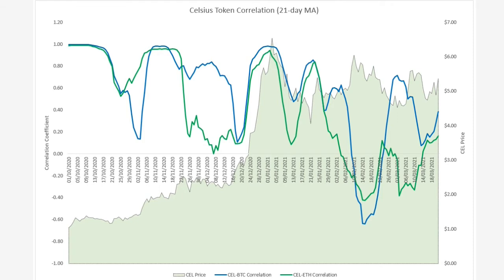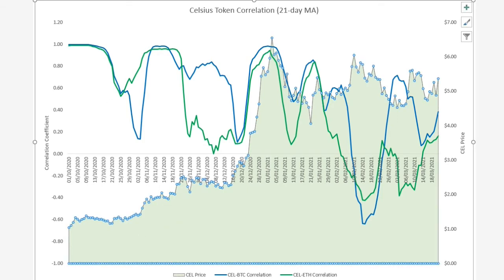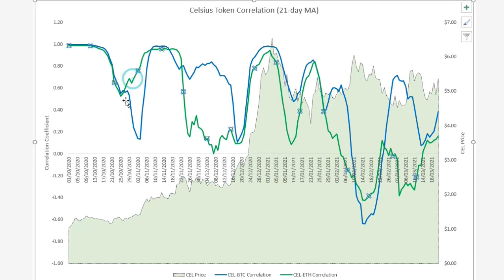Whilst the price of CEL, this series here, is based on dailies, these metrics on each day are based on a moving average window of 21 days, which is 3 weeks. In general, if we look at CEL to BTC versus CEL to Ethereum, we generally see BTC being more correlated, up here and then up here, staying above ETH, and then again staying above ETH.